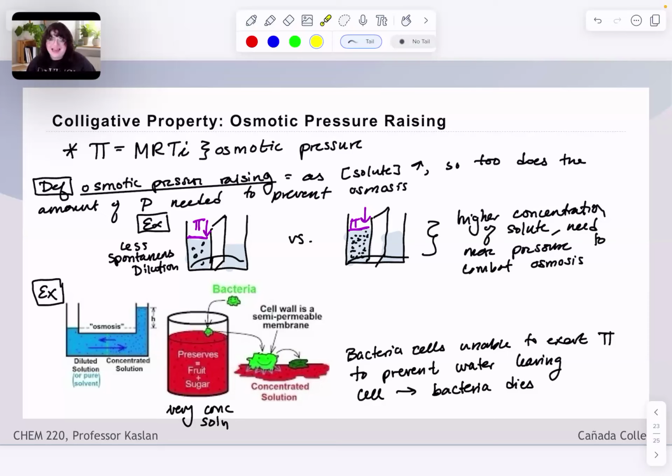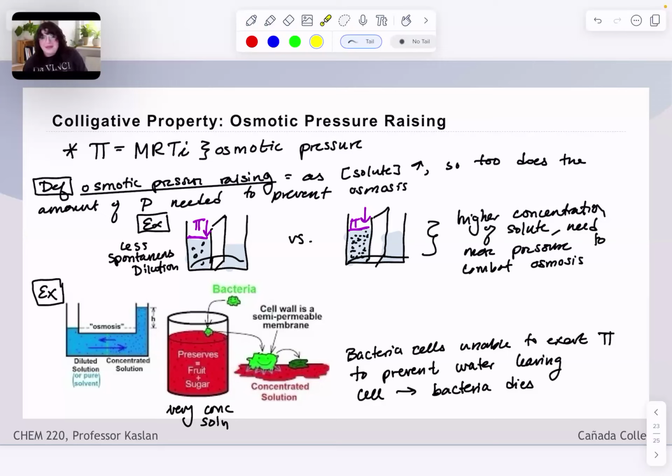If it had a really high osmotic pressure, it could prevent all of the water from leaving its interior and thus thrive and survive inside this hyper sugary environment, which bacteria tends to love. So the bacterial cell wall acts as our semi-permeable membrane. And thankfully, osmosis is a thing that happens, and the osmotic pressure of these bacteria is not super high because this allows us to make jams and preserve our food.